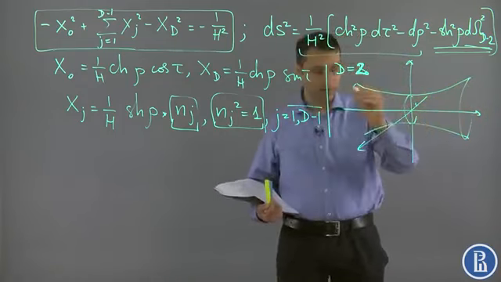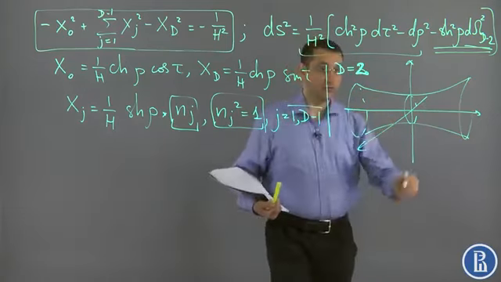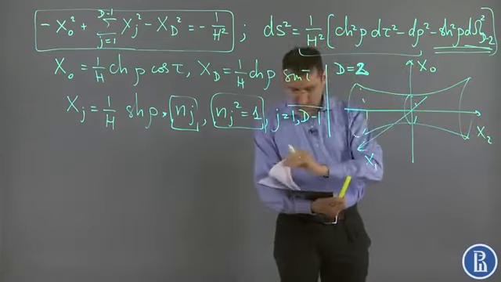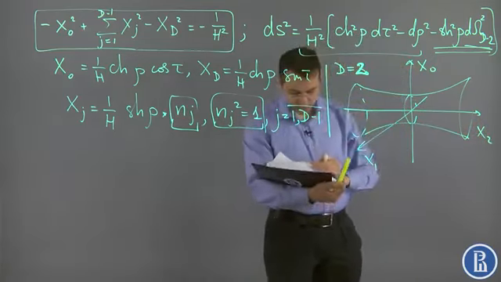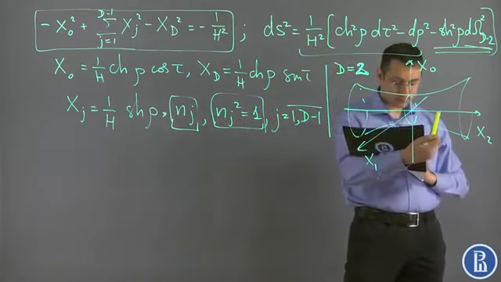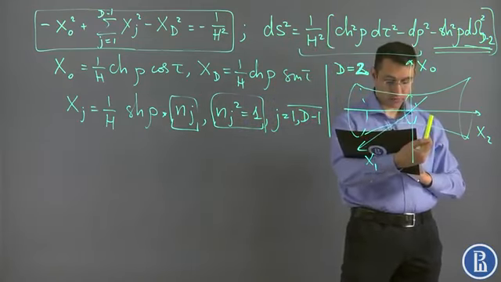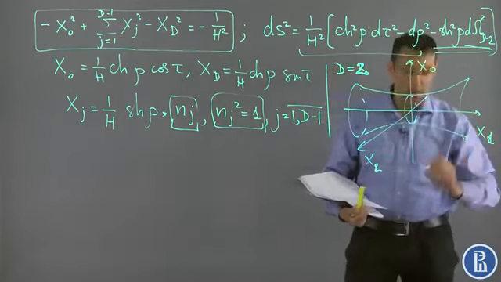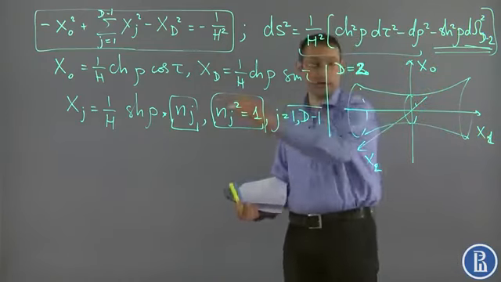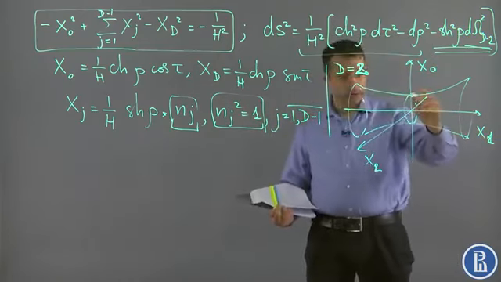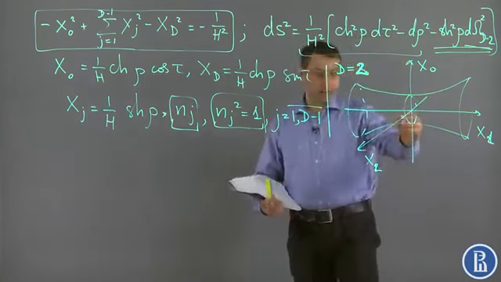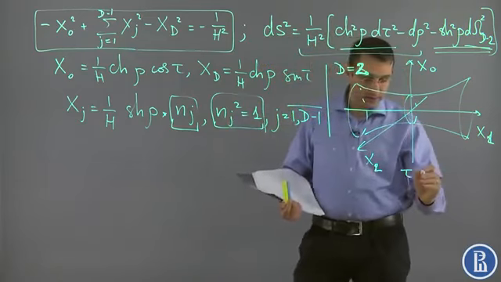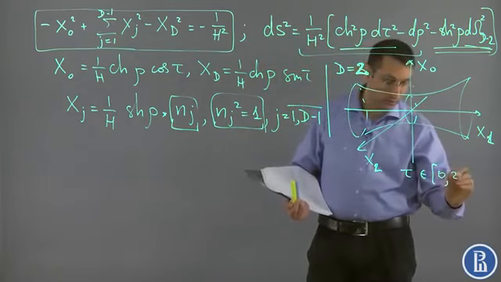So it lies here. This is x_0, x_1, and x_2. It's better to say that actually this is x_2 and x_1, because in x_0 and x_2 we have a circle. And that is already seen here. This tau, which is time, ranges from 0 to 2 pi.